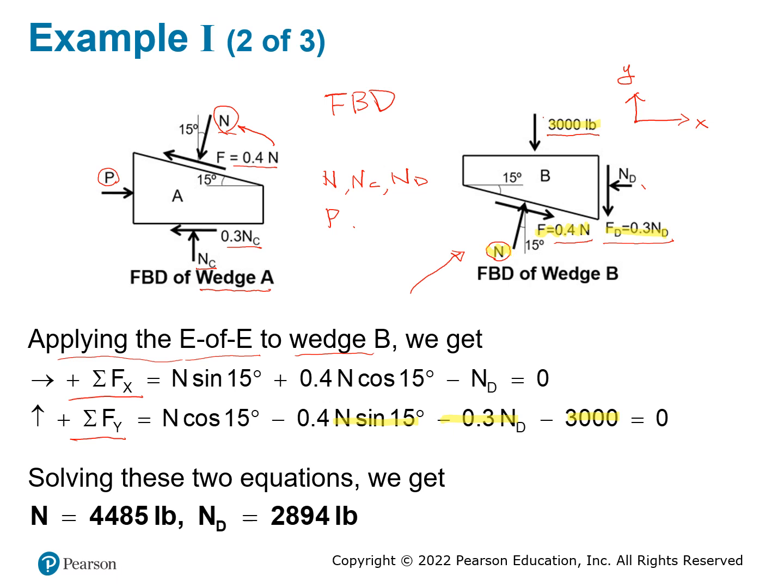For the friction, it will be similar, except that for the friction, you look at this angle here, this will be 15 degrees as well. And we are using the cosine because this will be the adjacent component, which will be n times cosine 15.